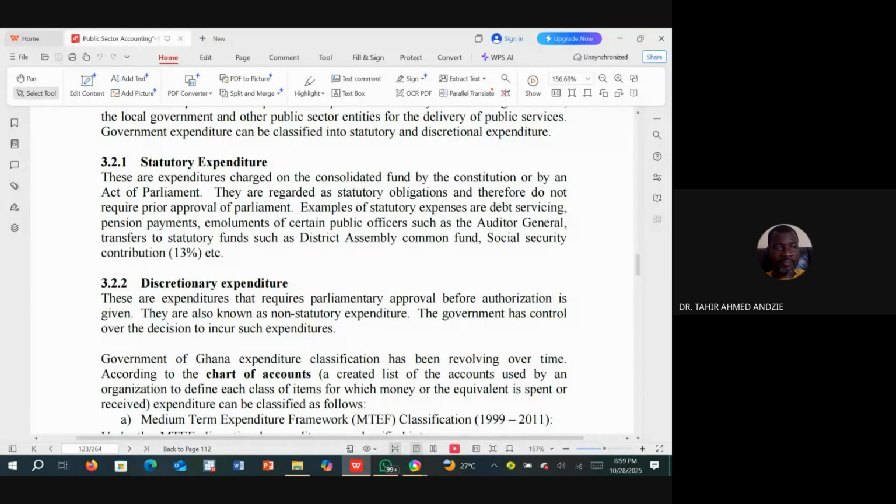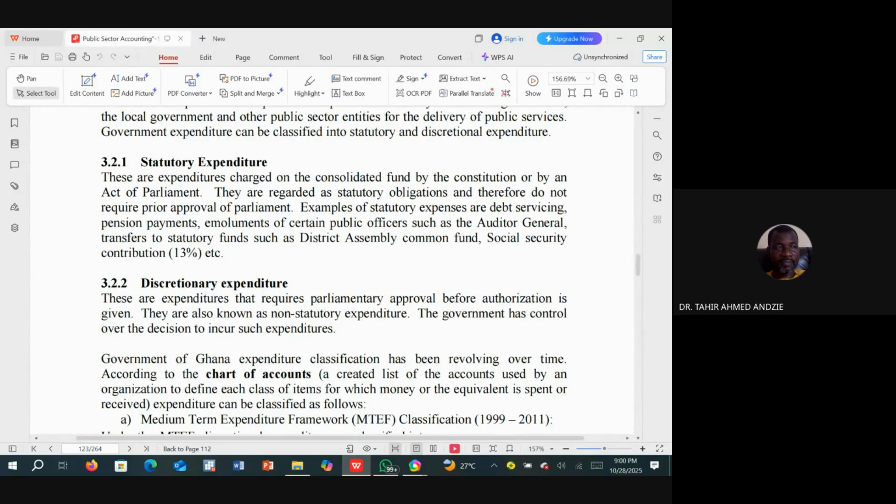So we are saying that statutory expenditures are expenditures charged on the consolidated fund by the Constitution or by an act of parliament. They are regarded as statutory obligations and therefore do not require prior approval of parliament. Take note, for statutory expenditures charged to the consolidated fund by the Constitution, money taken for such expenditure does not require pre-approval of parliament.